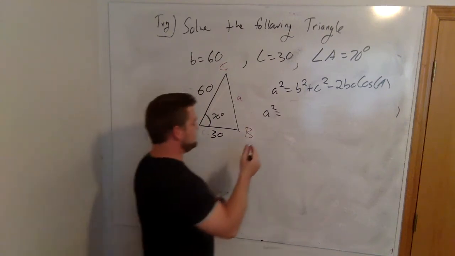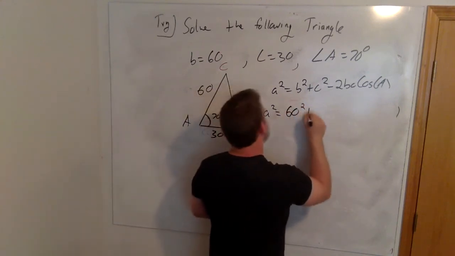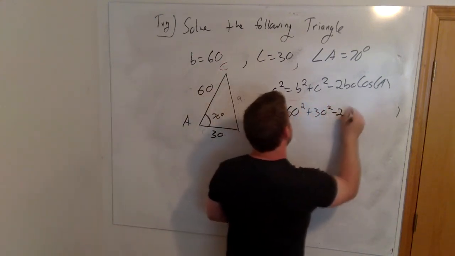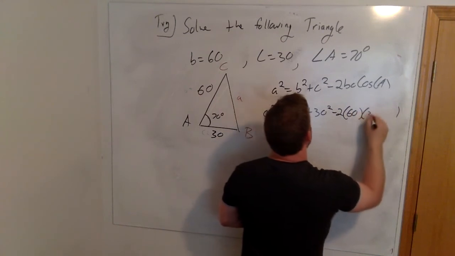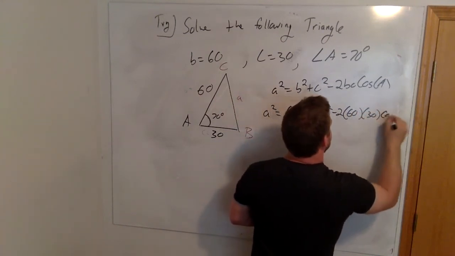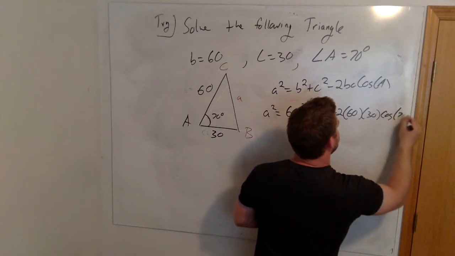So we'll get 60 squared plus 30 squared minus 2 times 60 times 30 times the cosine of 70 degrees.